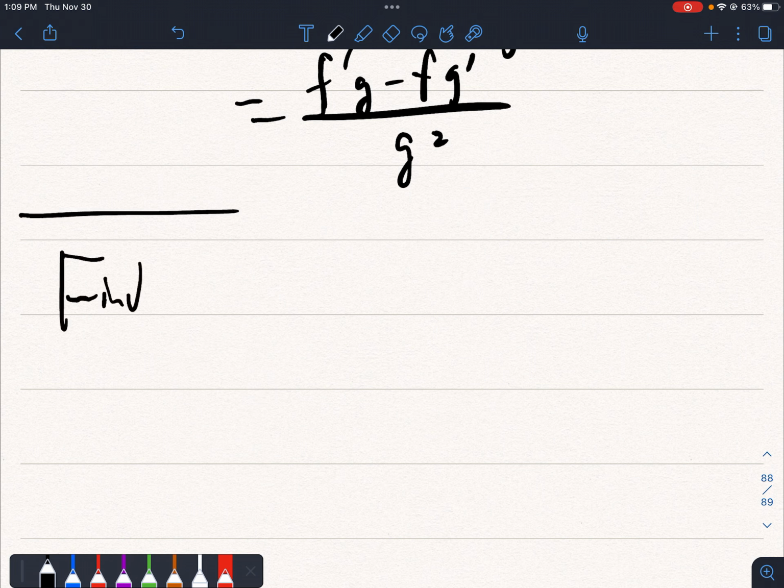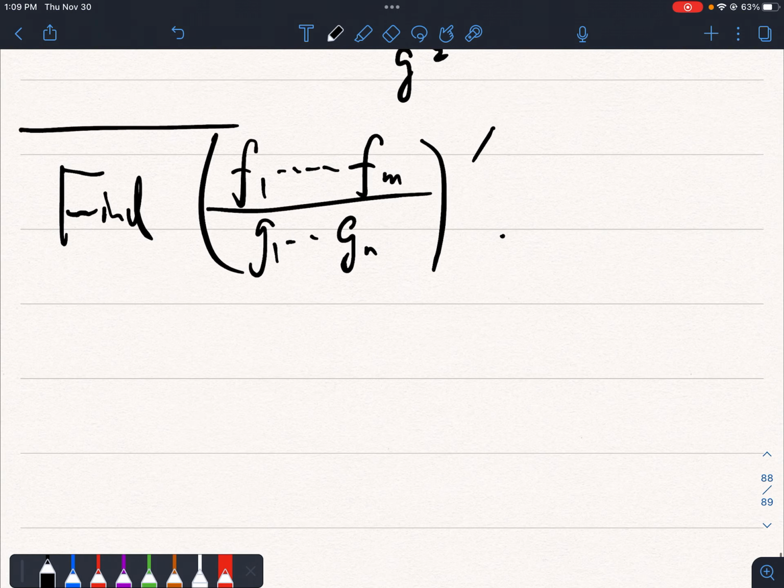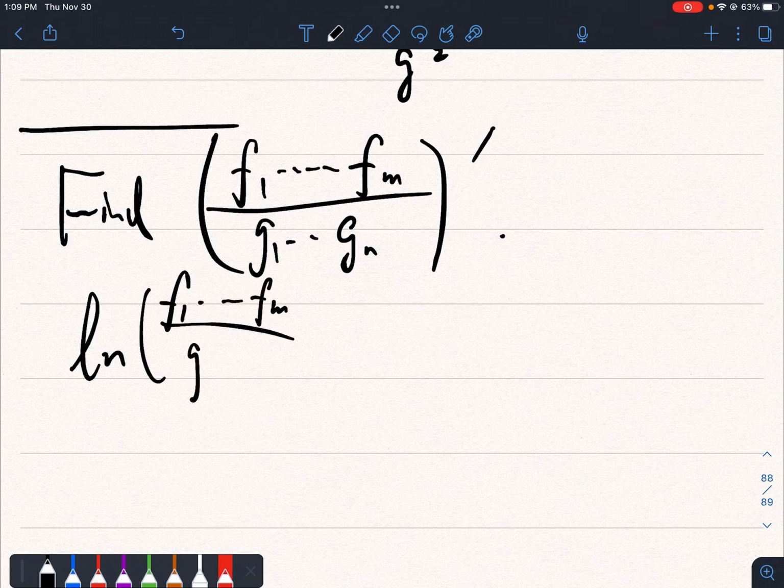Because let me show you a much more generalized version. So let's find the derivative of f1 times all the way up to fm divided by g1 all the way up to gn, where m and n are not necessarily equal. So let's find its derivative. So again, we can apply the log of both sides.